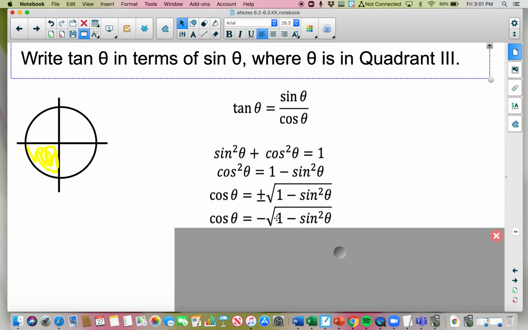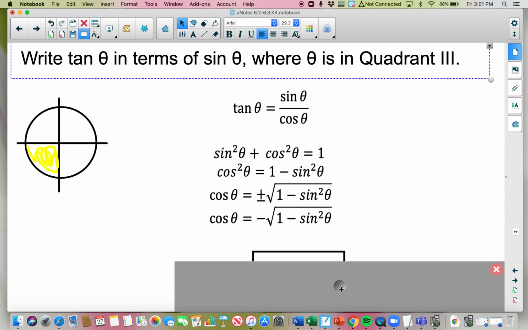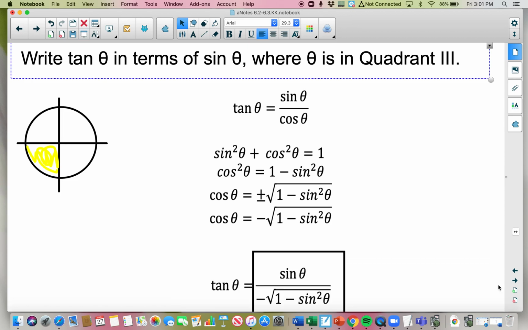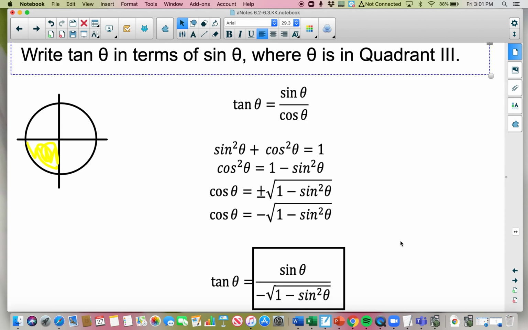Okay, again, when you square root something, that is the only time you have to think about this quadrant restriction. Now I'm going to go back up here. This cosine, I'm going to replace with this square root expression so that it's in terms of sines. And then you will have your answer. So tangent in terms of all sines right here: sine over, and then I replaced my cosine with this expression.